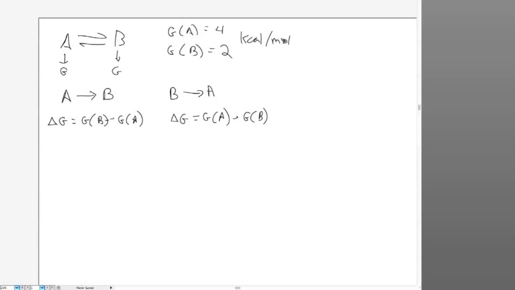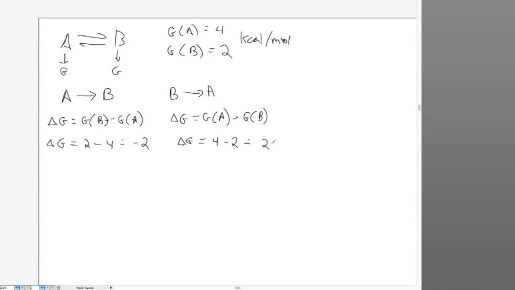So if you go back to our equation, the change in free energy of A being converted to B is going to equal 2 minus 4, which equals negative 2. The change in free energy of B going to A is going to equal 4 minus 2, which equals 2.